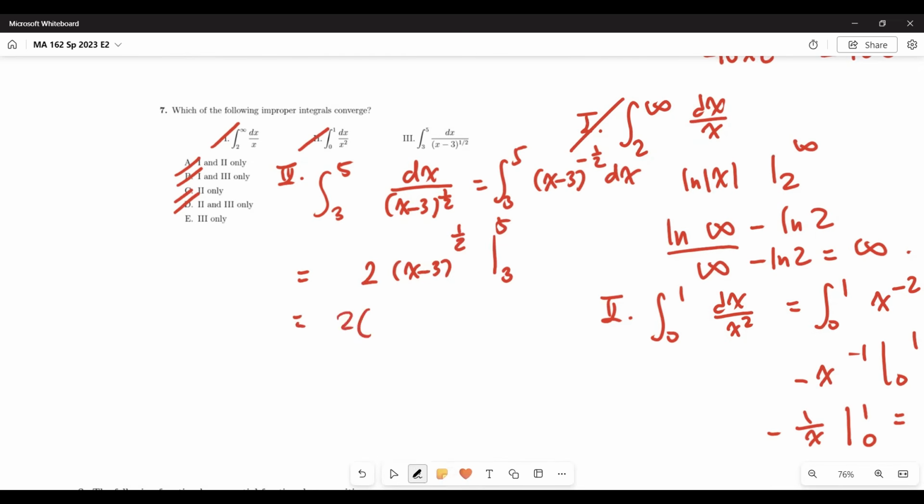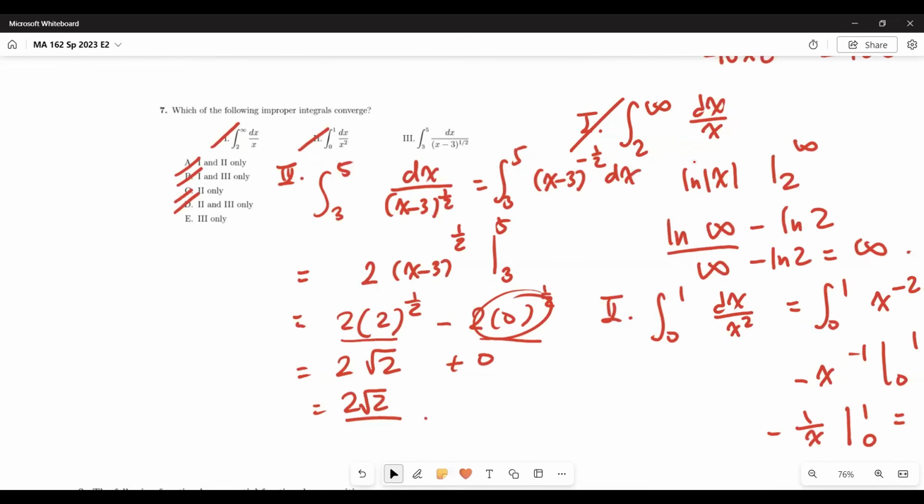Then 2 times 2 to the 1/2 minus 2 times 0 to the 1/2. 0 to the 1/2 is just 0, so this is just 0. And then this will be 2 square root of 2. So the value exists, so 3 converges. So the answer for this question, as we expected, is E.